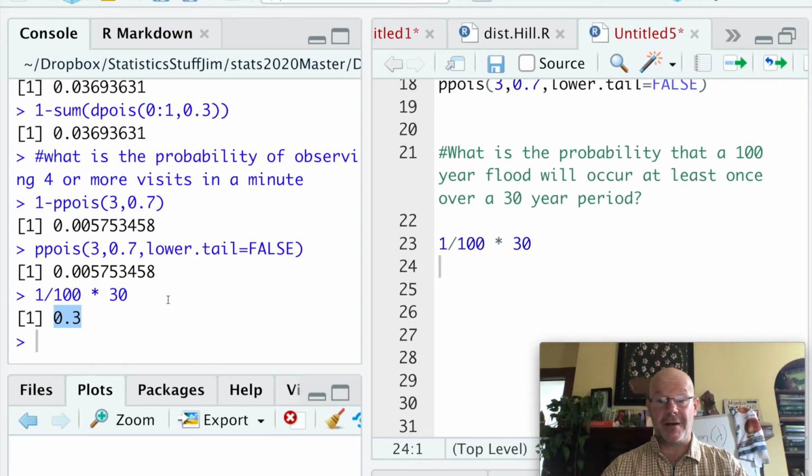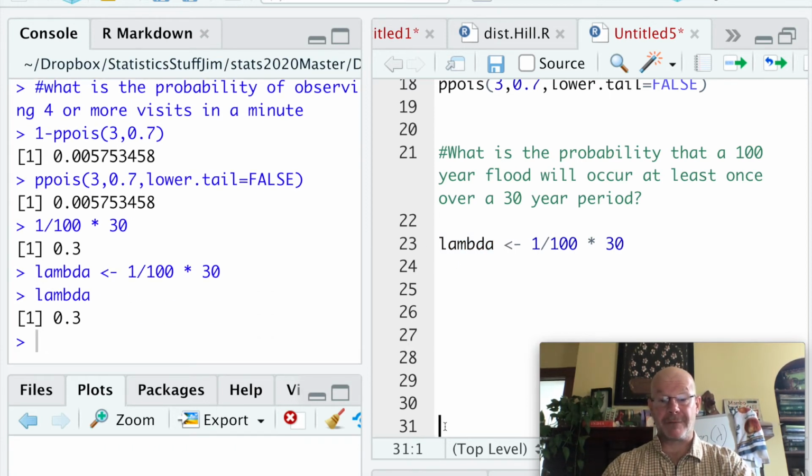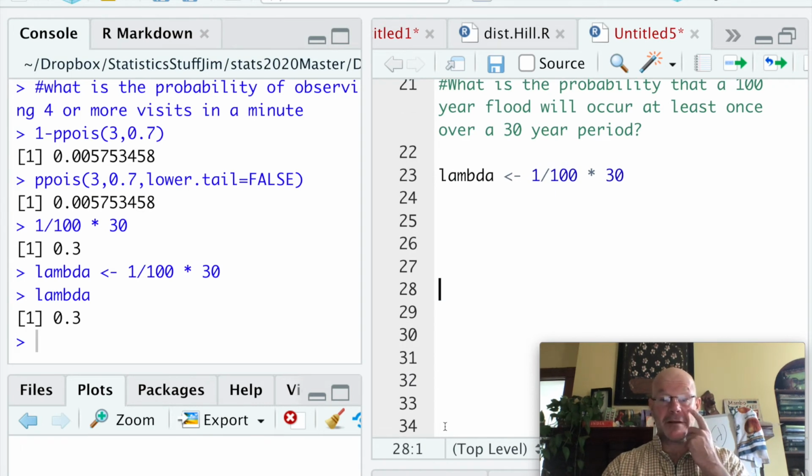And so what we've done is we've estimated our lambda. And let's go ahead and assign it to an object called lambda. Okay, and so now we have our rate parameter. That is the number of 100-year floods per 30 years. And so we have 0.3.